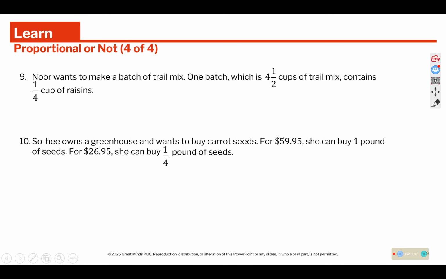9. Noor wants to bake a batch of trail mix. One batch, which is 4.5 cups of trail mix, contains a 1/4 cup of raisins. Every batch is going to use the same amount, so this is proportional.